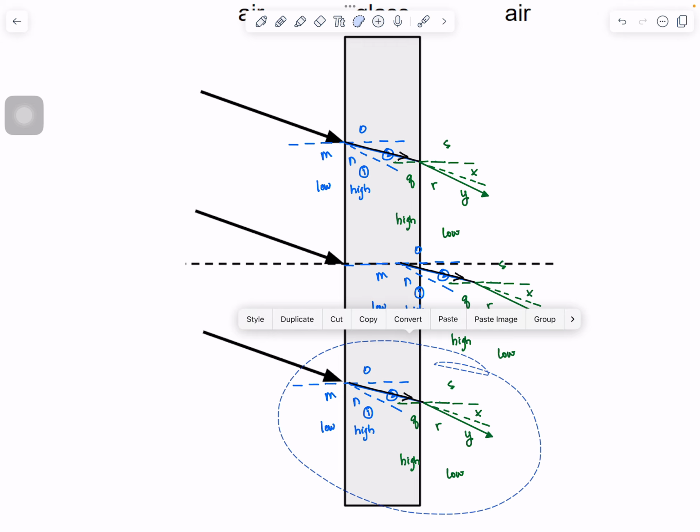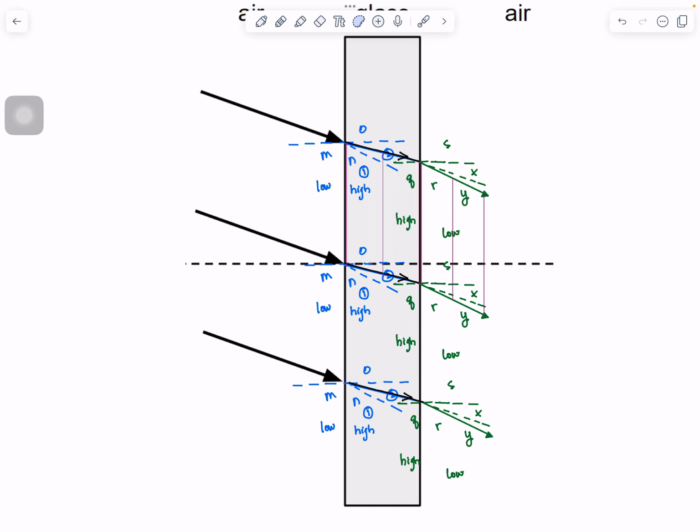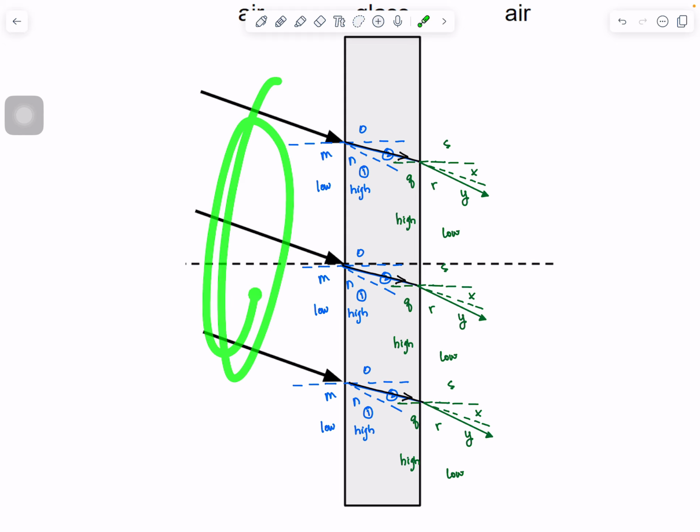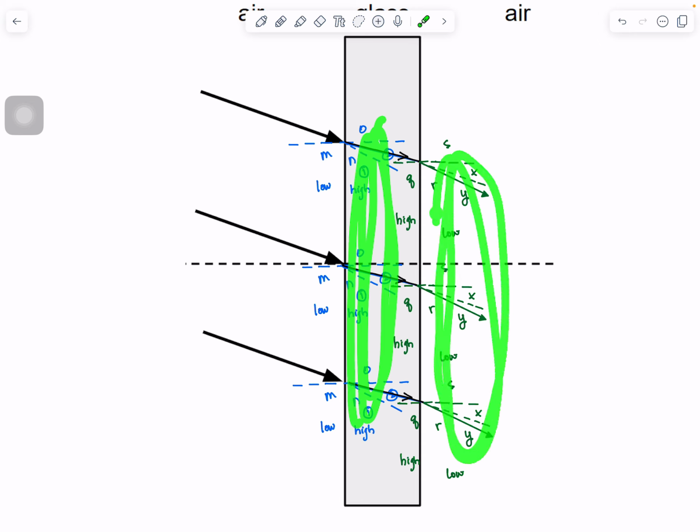Oops, I need to move this over. These rays are all parallel to each other. And so that means these rays all have to be parallel and these rays all have to be parallel to each other.